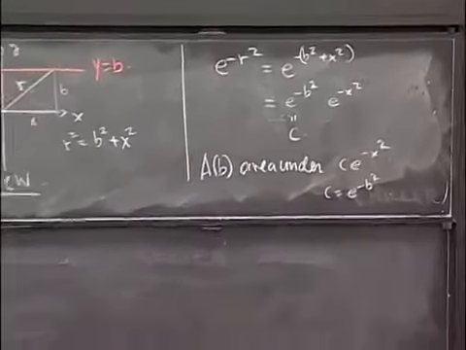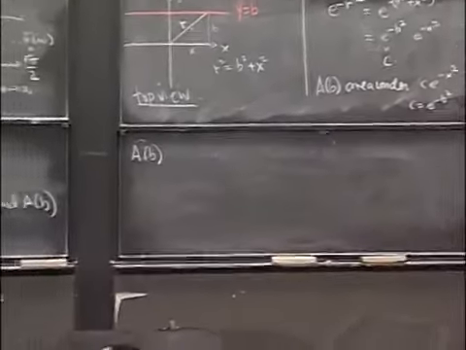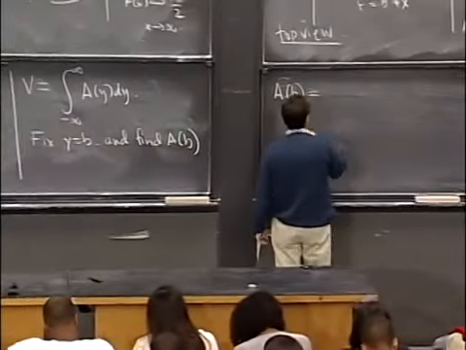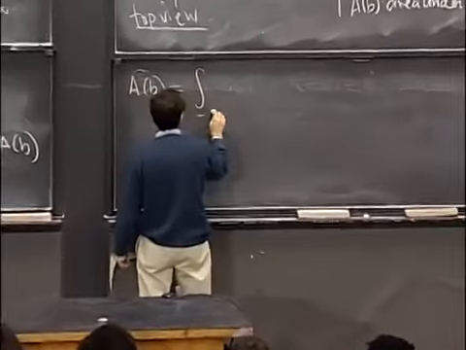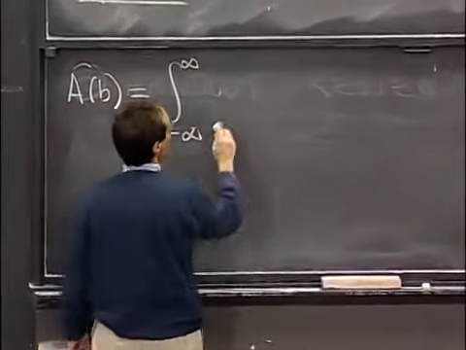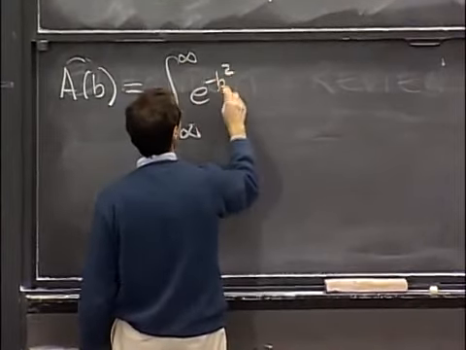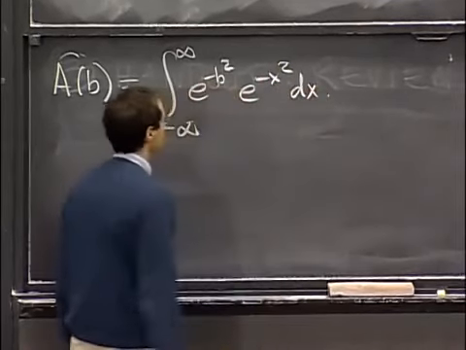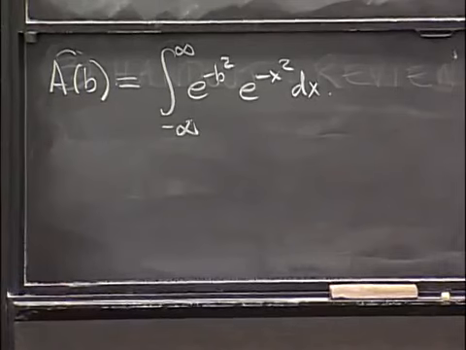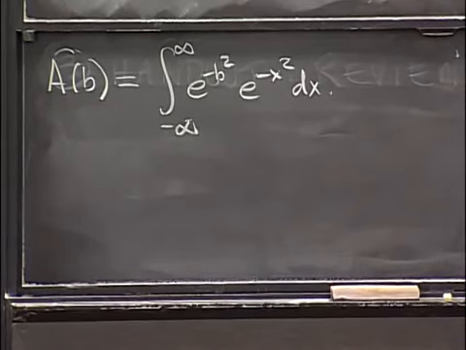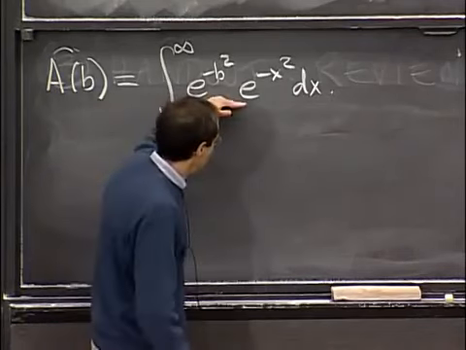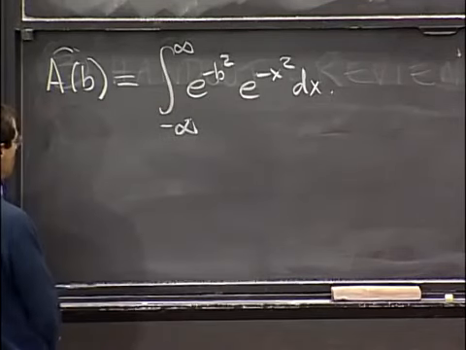That's what our slice is. In fact, it looks like one of those bumps. Here's its formula. Again, it's the integral from minus infinity to infinity of e to the minus b squared, e to the minus x squared dx. I just recopied what I had up there. And this is the height at each value of x with b fixed.